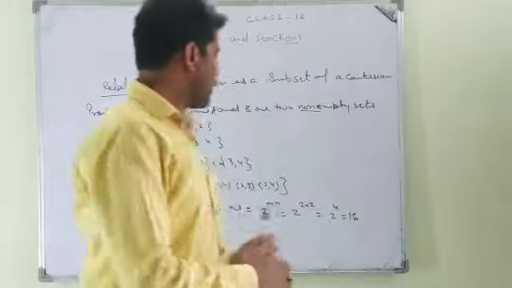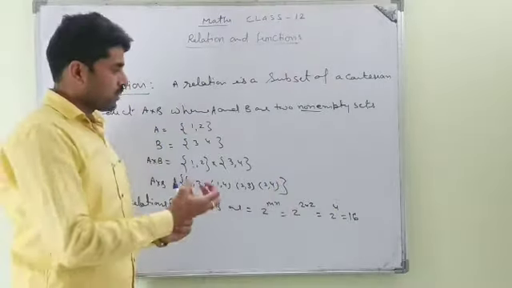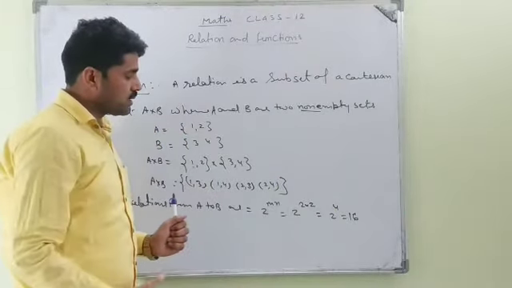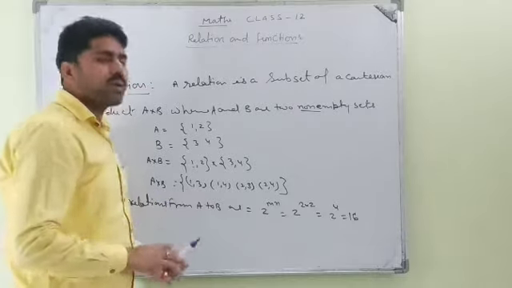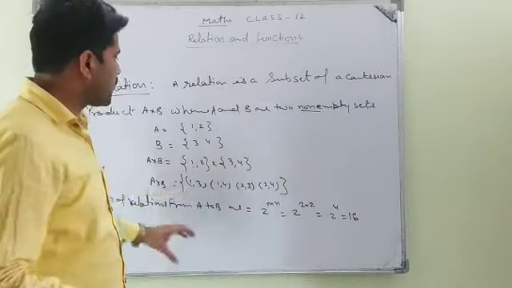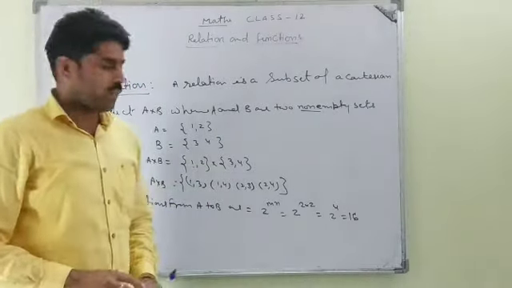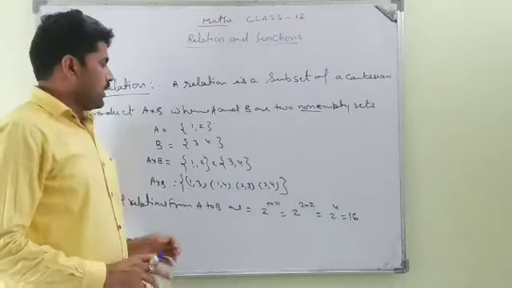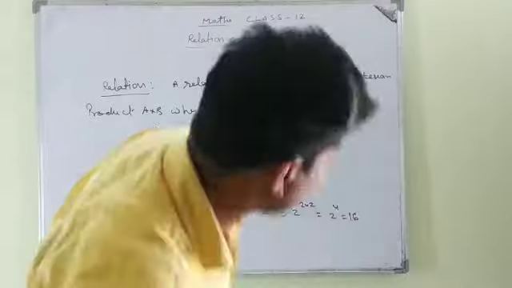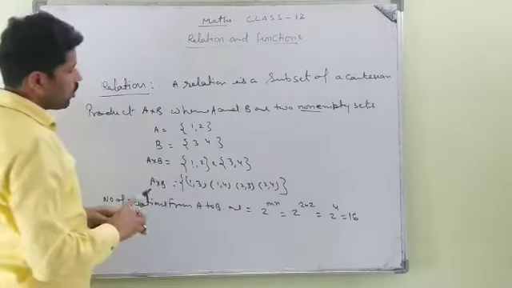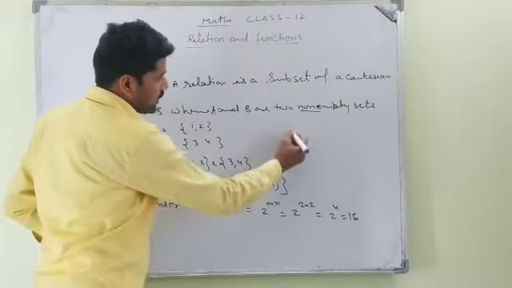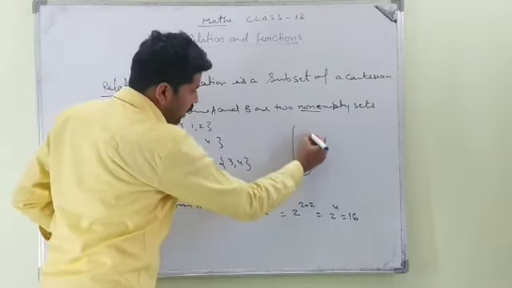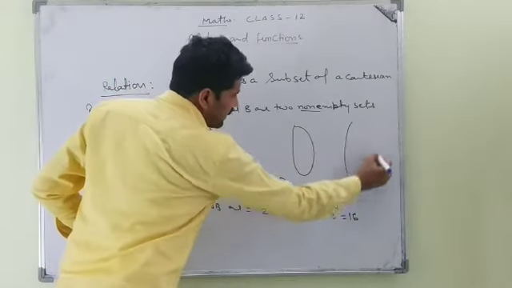Before going to the discussion about the names of these possible relations, I will give you one more example, because making the 16 relations is not easy just now. We are using the arrow method to explain the relation.